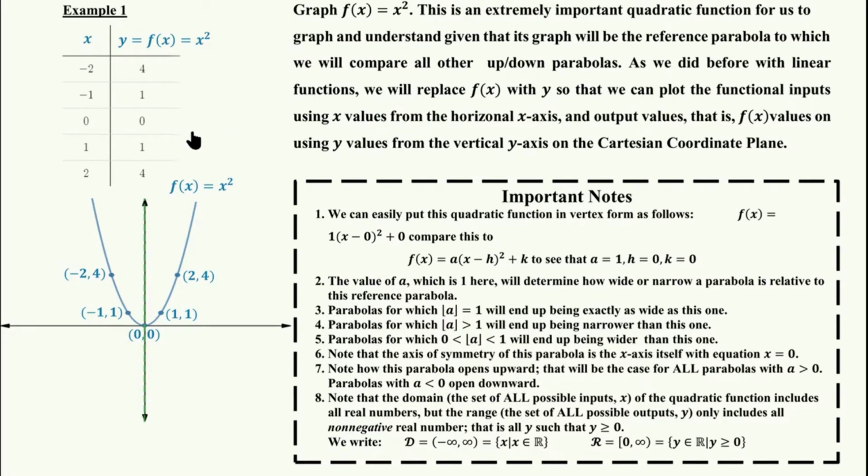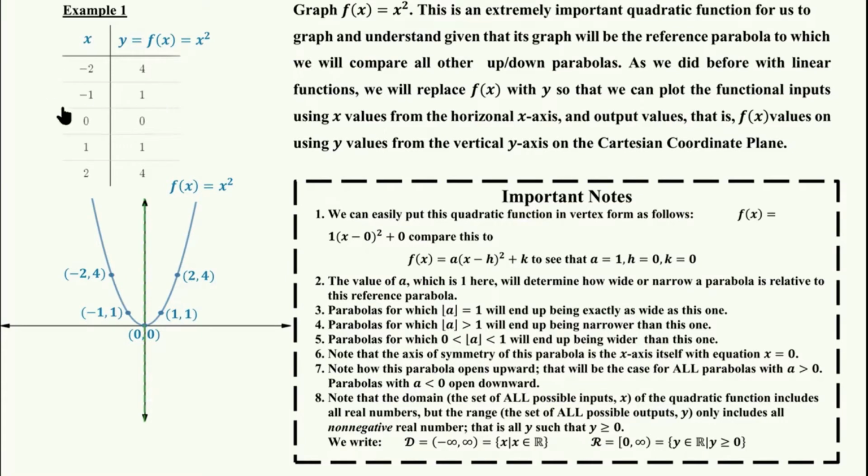So when it comes to any other parabola, we're going to be comparing it to this reference parabola and, for example, discuss whether it is wider or narrower than this parabola, or whether its location is higher or lower, etc. So we're going to be comparing all other parabolas to this reference parabola, f of x equals x squared.